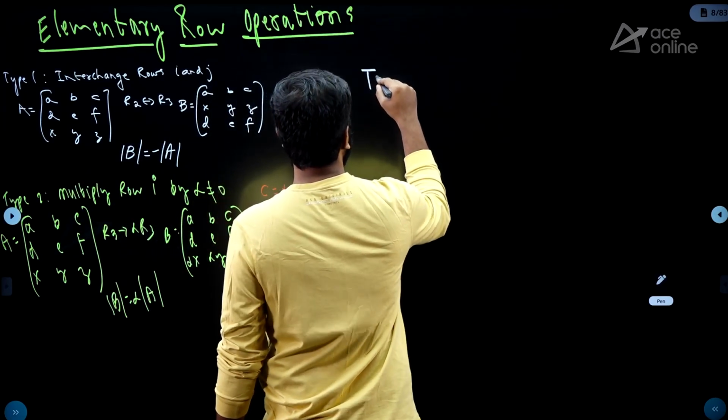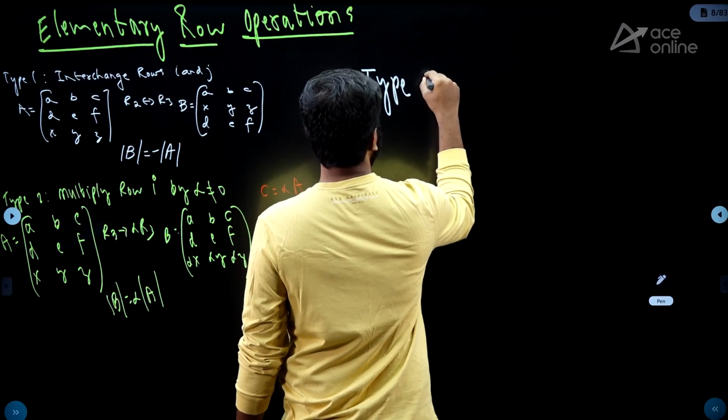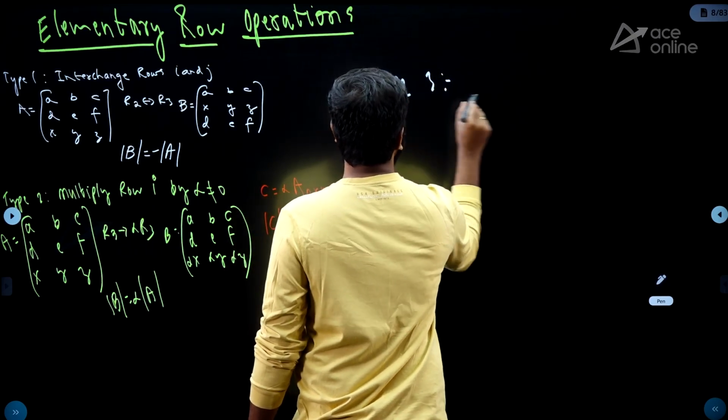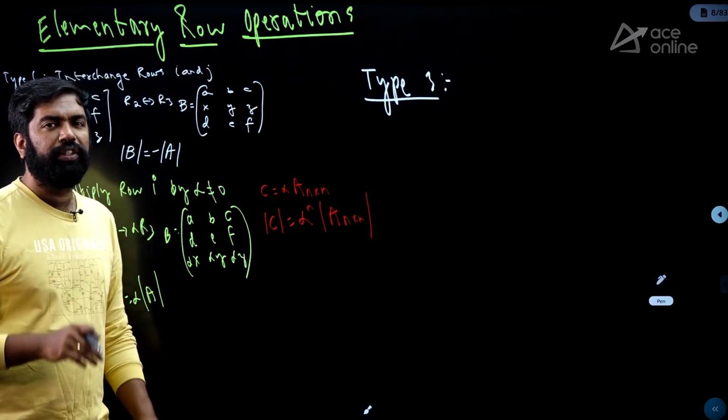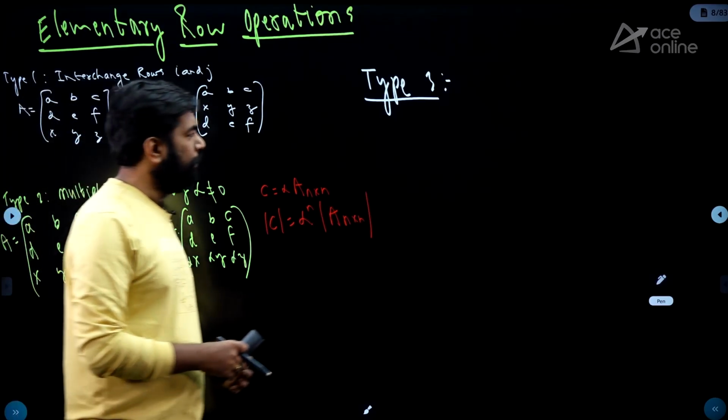So what is type 3? This type 3 is also useful for LU decomposition. LU decomposition is there for computer science and data science.